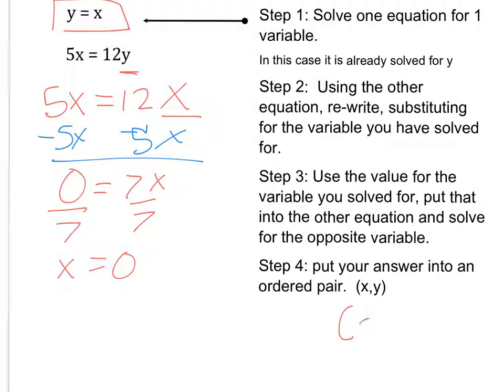So over here we have 0 for the x value. Now I can go ahead and put in x is 0. So in this first equation, if we use that, we have y equals 0. And so this is, again, one of those unique situations where our ordered pair is the origin 0, 0. We didn't have an opportunity to see any of those yesterday.